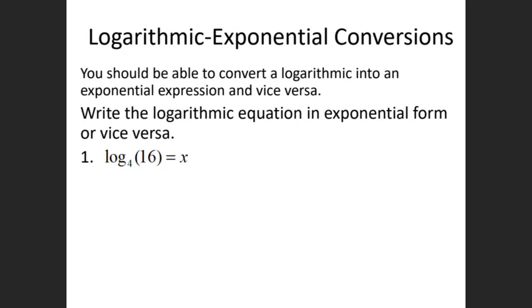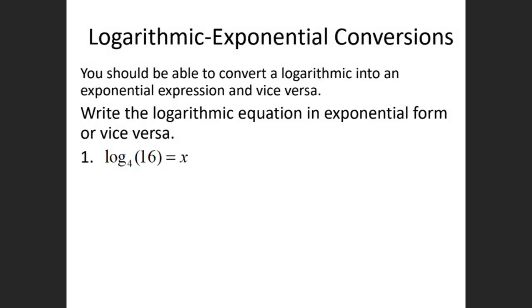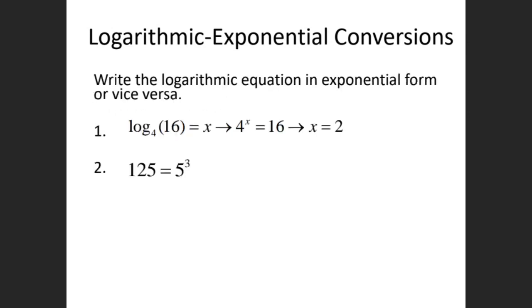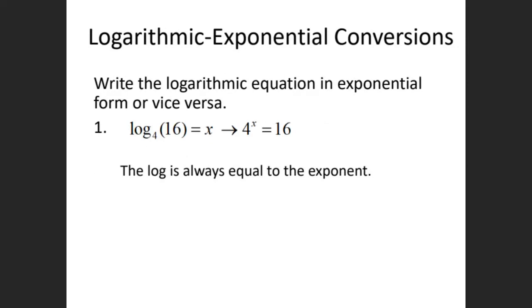So to solve this, what I'm going to do is convert this log equation into its exponential form. So again, I see the base of this log is 4, so the base of my exponent will be 4 as well. So here, as before, the output of my log is the input of my exponential.